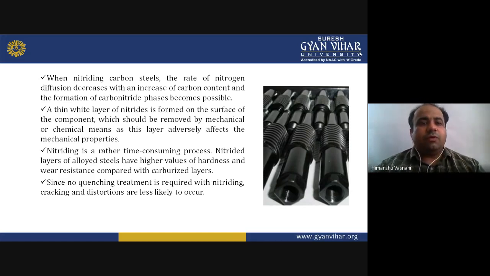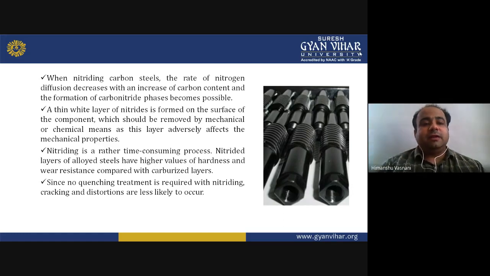So a thin white layer of nitride is formed on the component, and if this layer is formed, we should try to remove it as fast as possible, because this white layer will affect the mechanical properties of the workpiece. So that's why the nitriding process is rather time consuming.